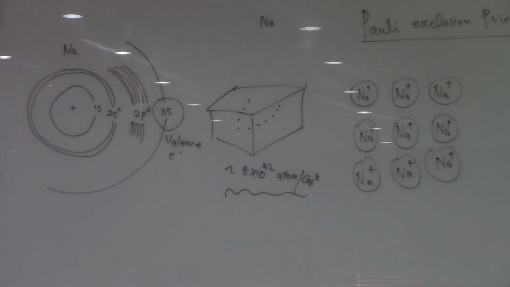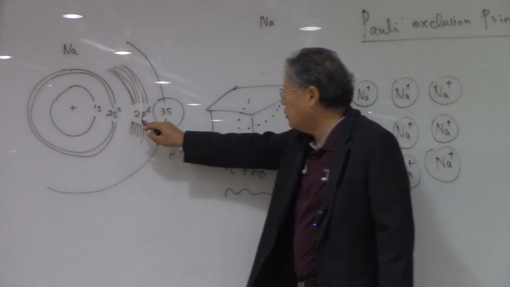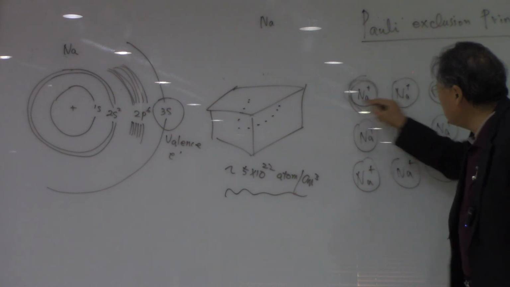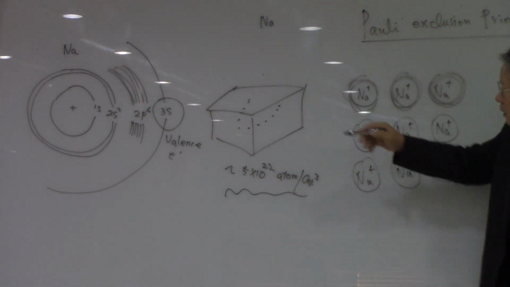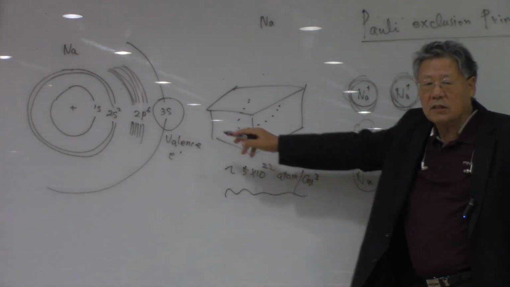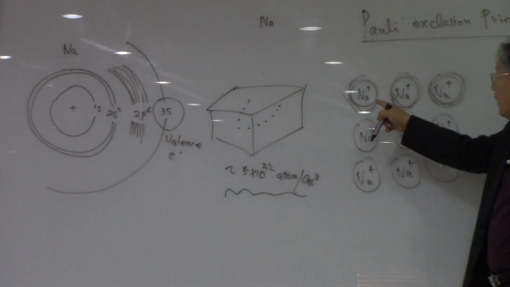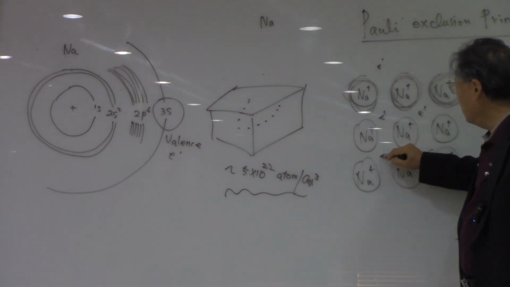If it is a single crystal, they are arranged in a regular fashion, and all those 1s, 2s2, 2p6 electrons are confined to each sodium atom, but the outermost 3s valence electron no longer belongs to one specific sodium atom. It's going to be floating around.